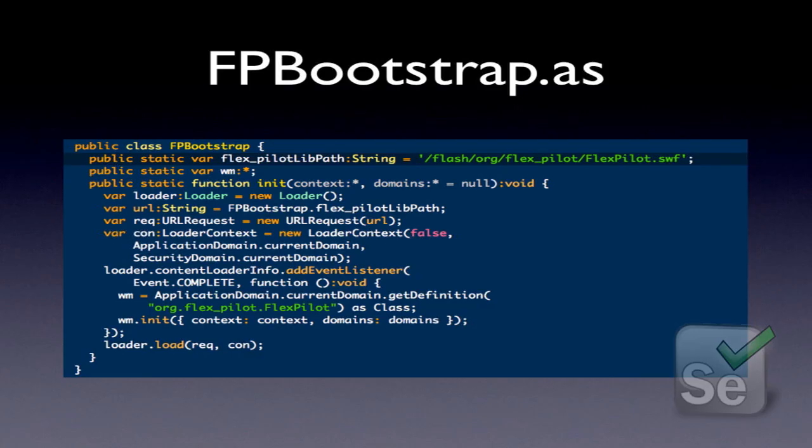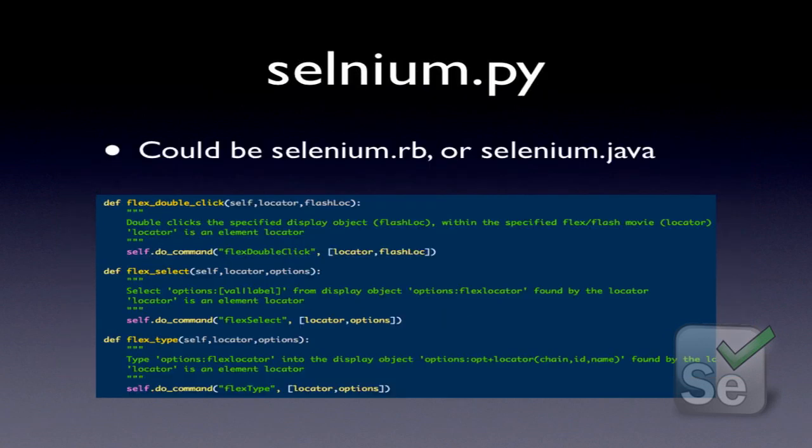So this is the bootstrap.as code, and I just wanted to show this so you can understand what the init function does later on. This line right here, the Flexpilot libpath, explicitly says where it's going to look for the swf in your project. But in the init function, we override that, and you can set it to whatever location you want to load the Flexpilot.swf from.